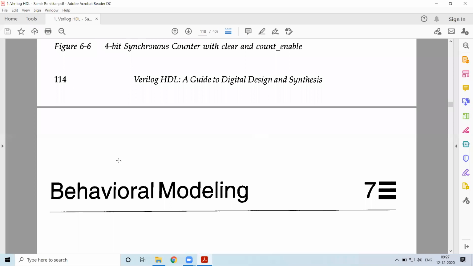So behavioral level modeling is the highest level of abstraction, a much easier way to code, with no need to bother about the lower level implementations. In gate level, if you remember, if you had to use an AND gate, you should know what the input to the AND gate is, where it is going, what the output is, whether it is going to other gates or directly connected to the output.